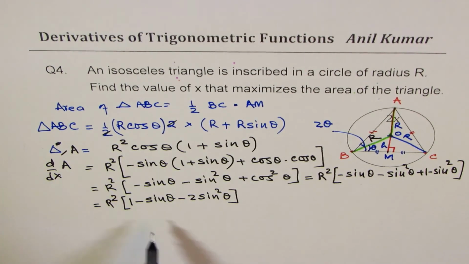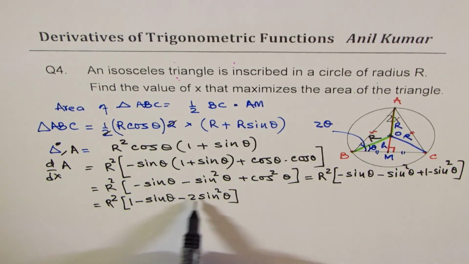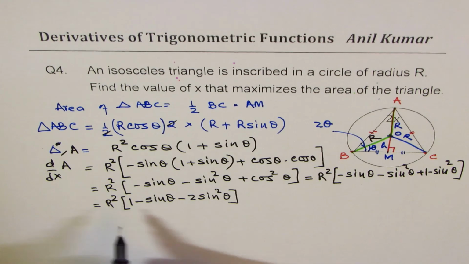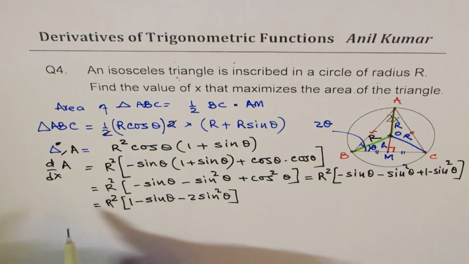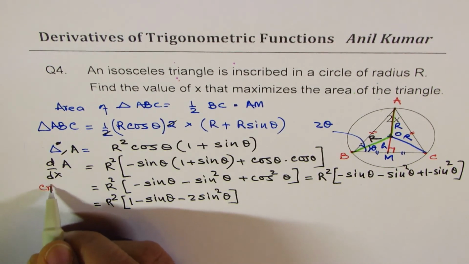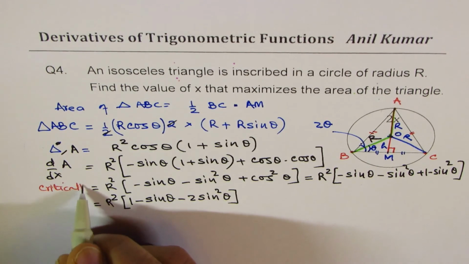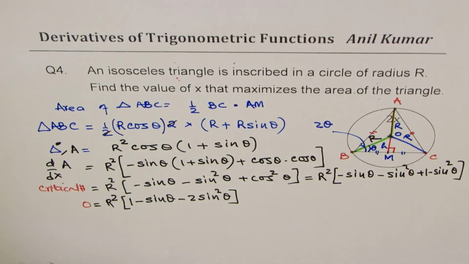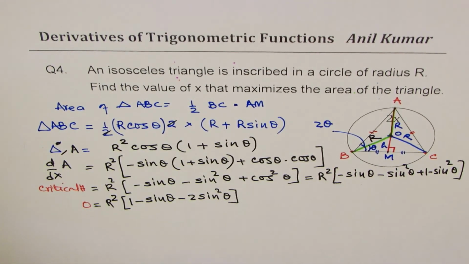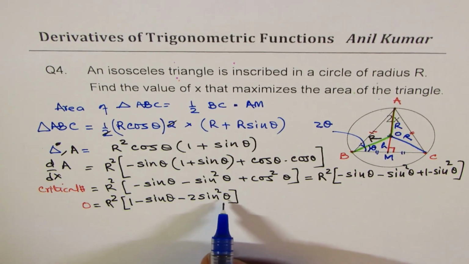So for the critical number, this should be equal to 0, right? R cannot be 0, so this whole thing should be equal to 0.